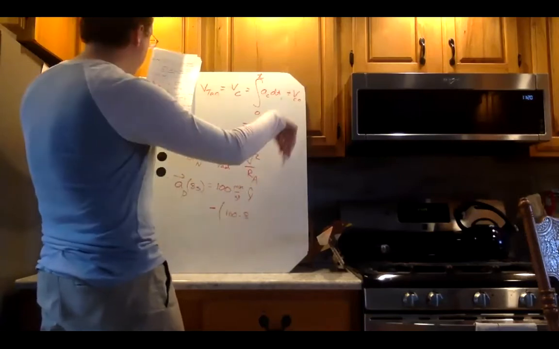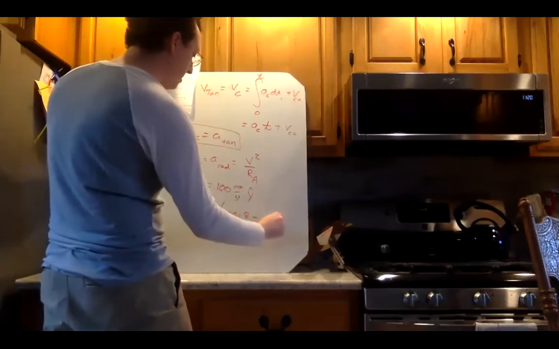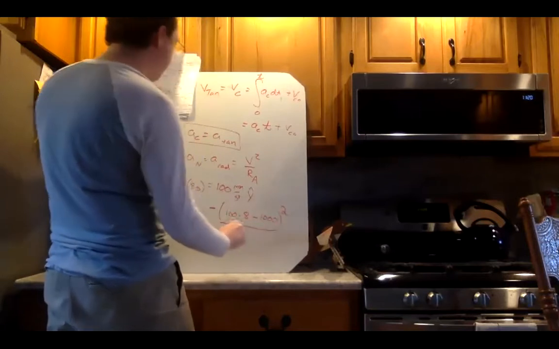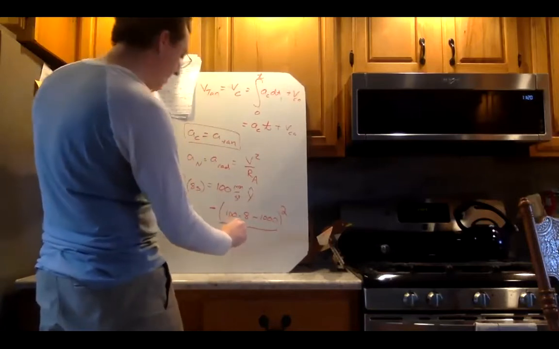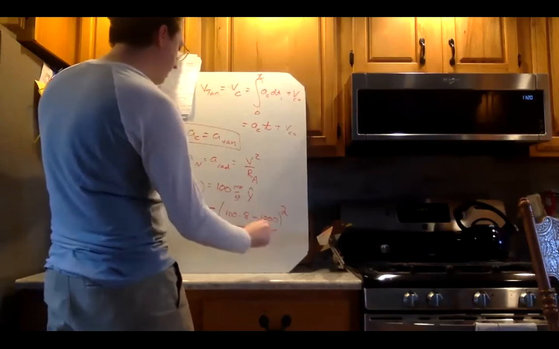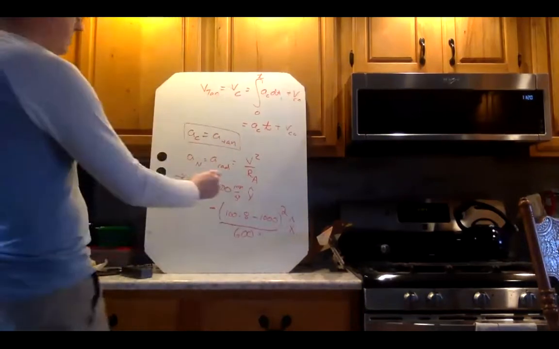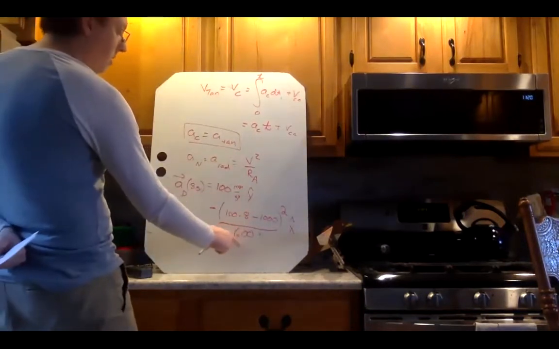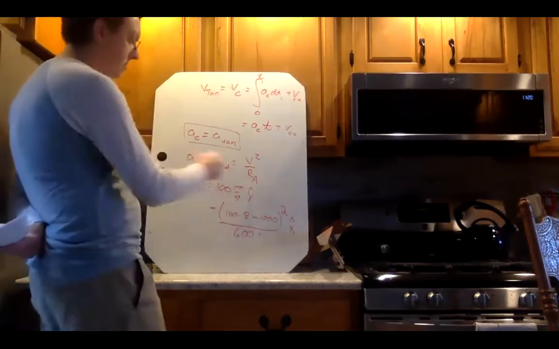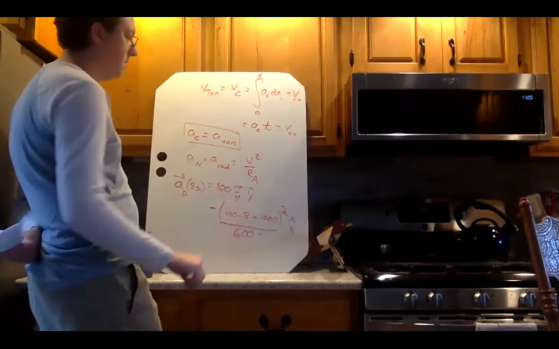And then the initial velocity was negative, the problem told me, so that's going to be minus 1,000, squared, divided by the radius, which would be 600 millimeters, and that's in the x hat direction. So this is just v squared divided by r at point D, which has a radius a, evaluated at time equals 8 seconds.